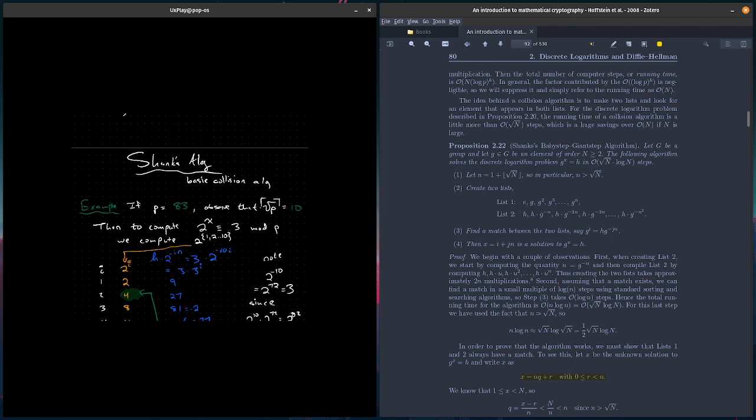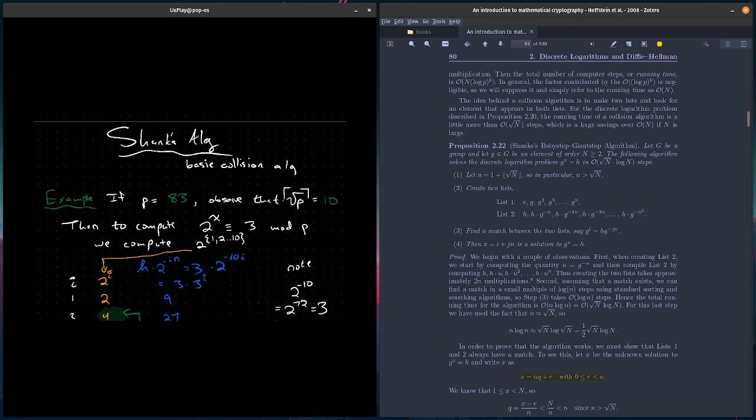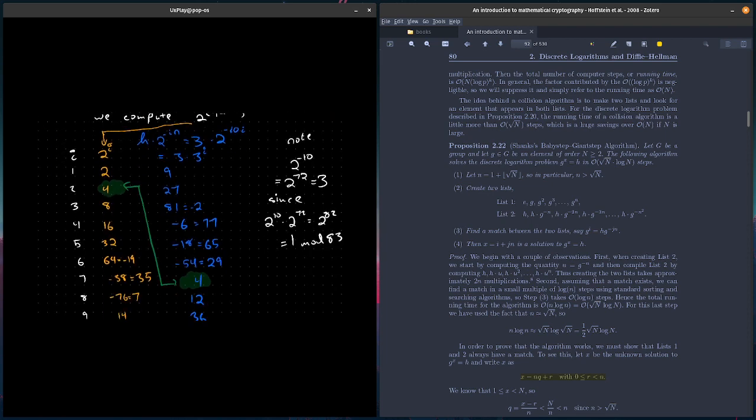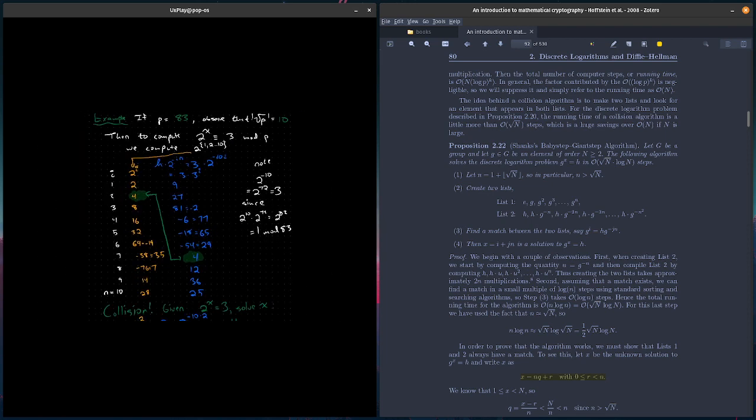So onto Shank's algorithm. The basic premise is that we're going to demonstrate this with a prime p equals 83. And what we would expect here is that by Shank's algorithm, we would expect there to be on the order of square root of p operations. So we would expect there to be some multiple of 10 operations. The exact operations here are that we need to compute 10 values here, 10 values there. So we're starting at a constant multiple of 2.